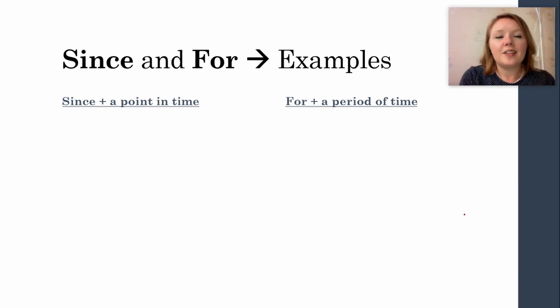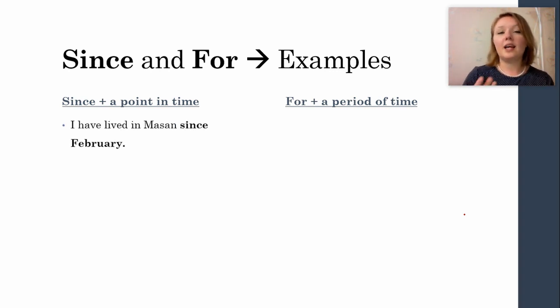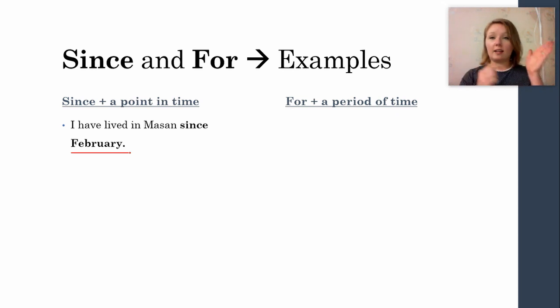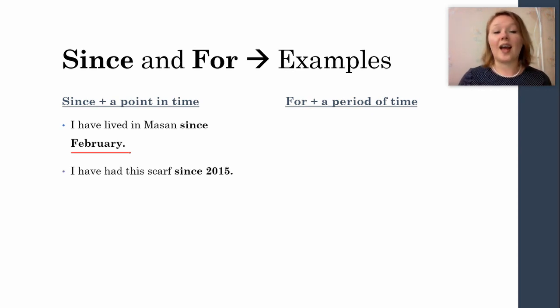We use since with a point in time. For example, I have lived in Masan since February. February is a point in time, right? I can look at a calendar, February. Since February. I have had this scarf since 2015. 2015 is a point in time. 2020, 2019, 2015, I can point to.